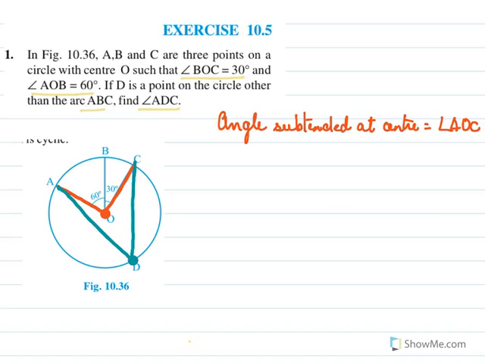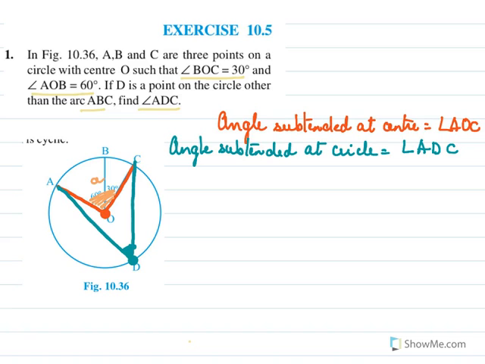So this is the angle at the circle, subtended at the circle by the same arc, that's the arc AC, angle ADC. And we've already learned that if this is x, this will be 2x, or the reverse, if this one is A, this will be half of it, A by 2.